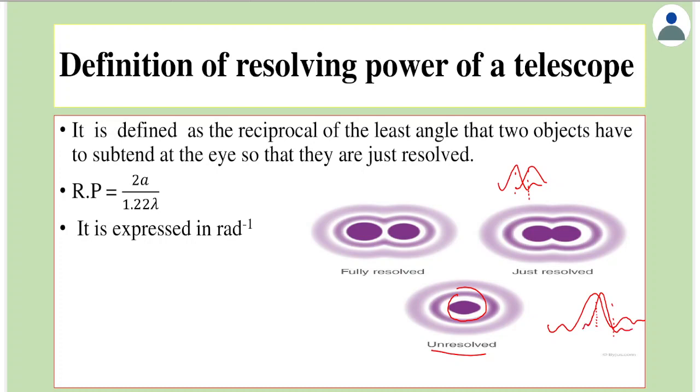The maxima are almost close to each other, not falling on minima. This is not resolved, unresolved. Rather here they are very far away, like this. This is the intensity pattern. So this is said to be fully resolved.